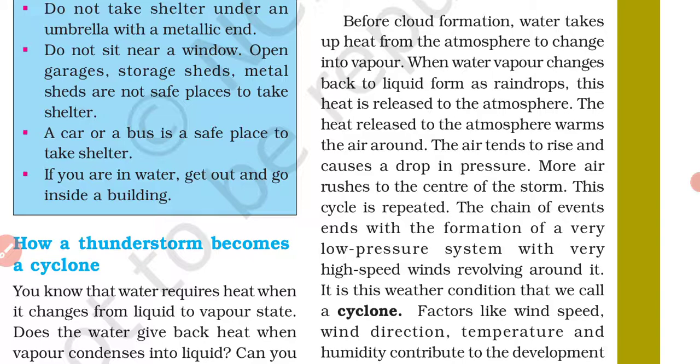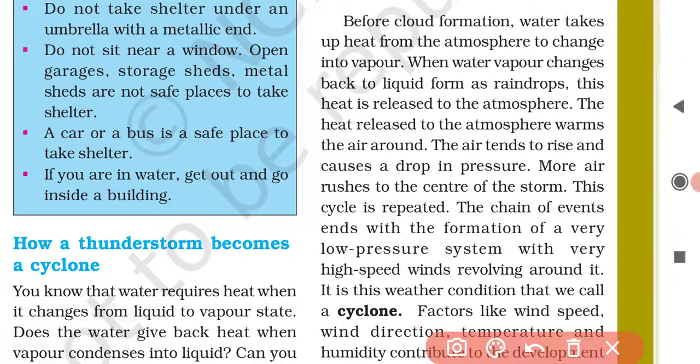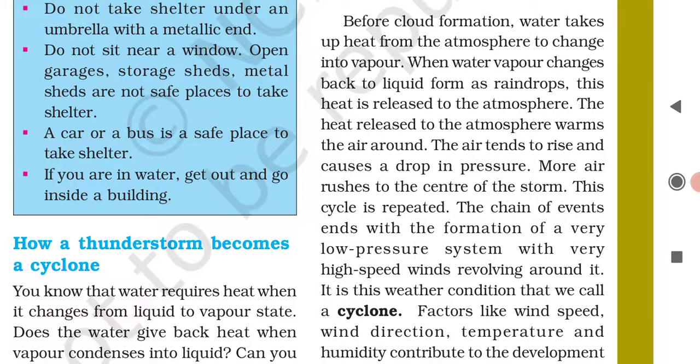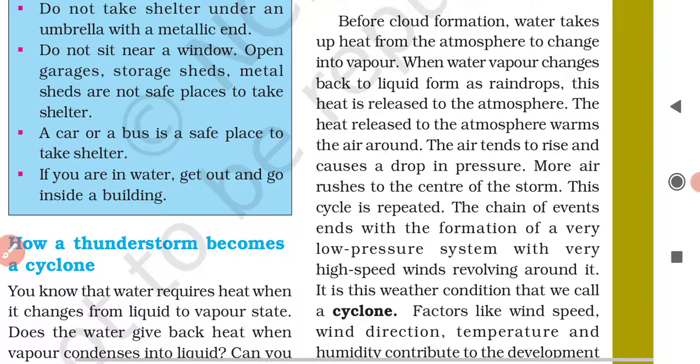See, in the beginning I mentioned that a cyclone is formed in the atmosphere over warm sea water. It is formed actually during the hottest summer months.